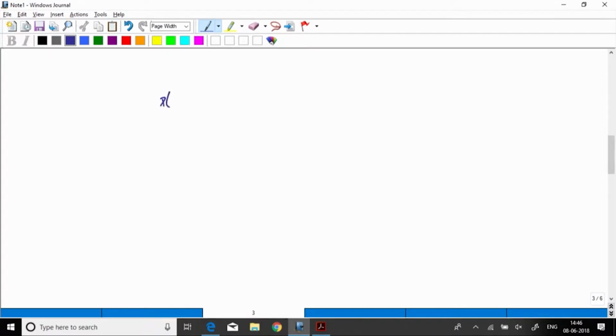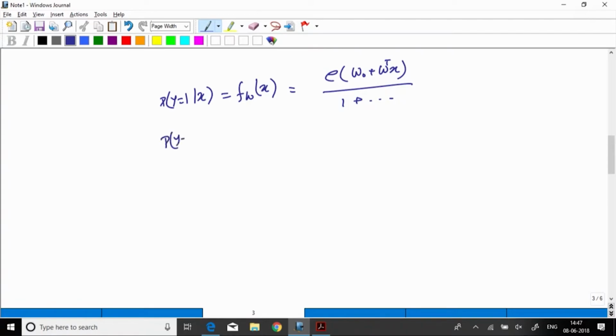Remember, the probability of y equal to 1 given x is equal to f_w(x), which is e to the power w0 plus w transpose x divided by something, and then the probability of y equal to 0 given x is equal to 1 minus this, which has the same denominator.